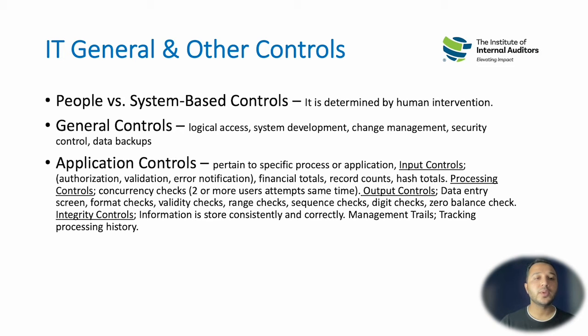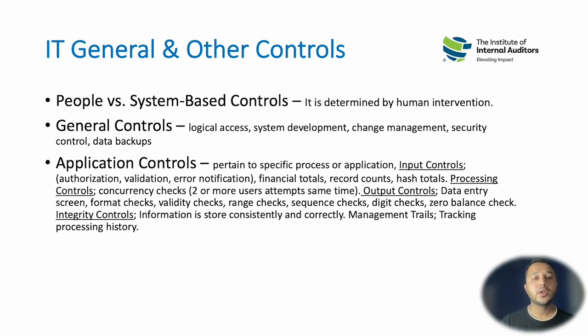Processing controls could be where, when you are using this app, no two people can change the data at the same time. Another control could be that any changes made by the person will be recorded by its identity. So this is a type of processing control.